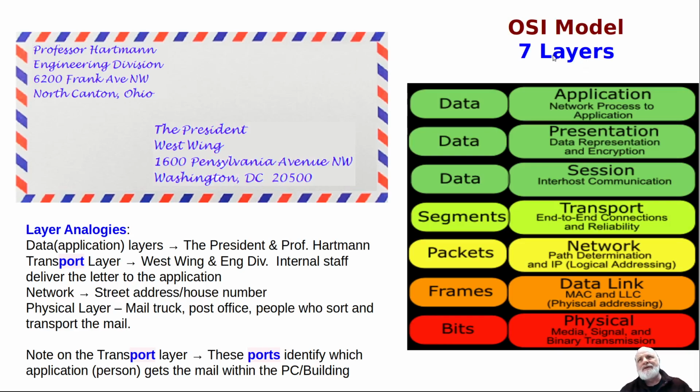And so you start up here at the application where you create your data, and then you transport that down through these different layers until it gets to the device where you want it to get to, and then it comes back up through those different layers for the receiver or the person on the other end to actually be able to read the letter at that point.